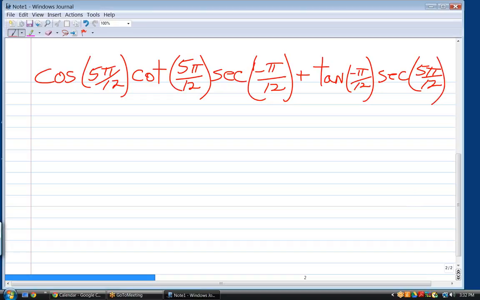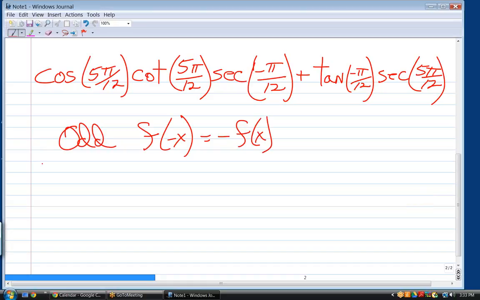Let's talk about one other property that we didn't talk about yesterday at all, and that is odd and even functions. If you'll remember from your Algebra 2, an odd function is one in which f of minus x equals minus f of x, and an even function is one in which f of minus x equals f of x.